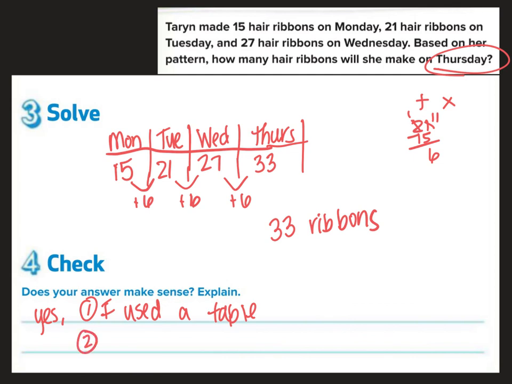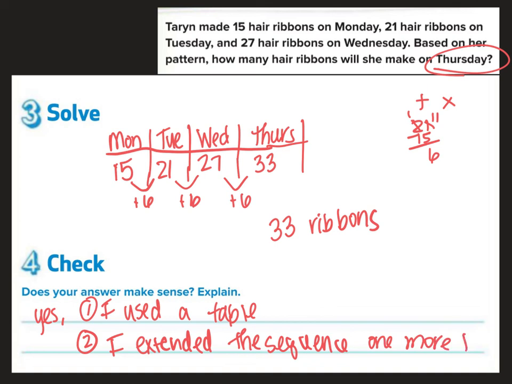Second, I extended the sequence one more term. Okay, and we're checking again. Did they say Thursday, or do I need to extend it farther? And we were good to go.